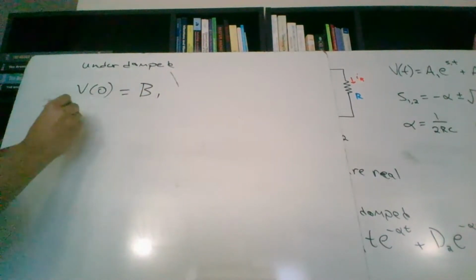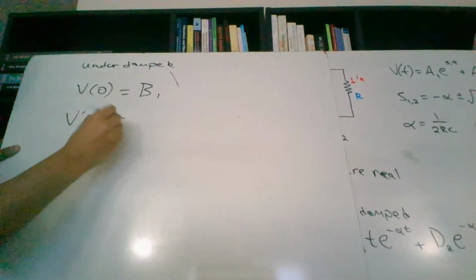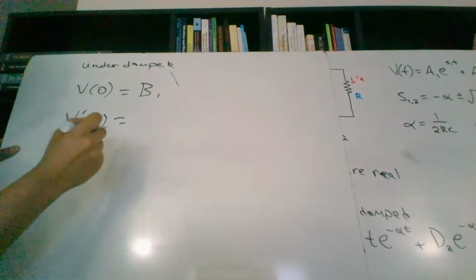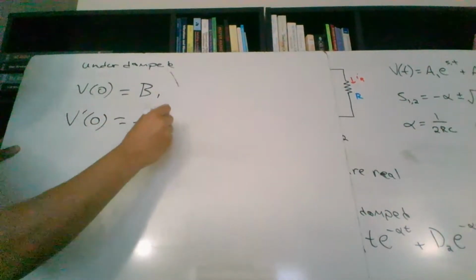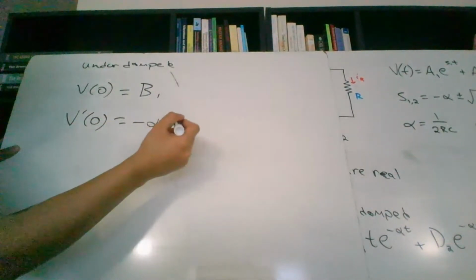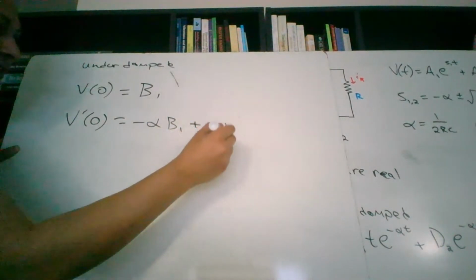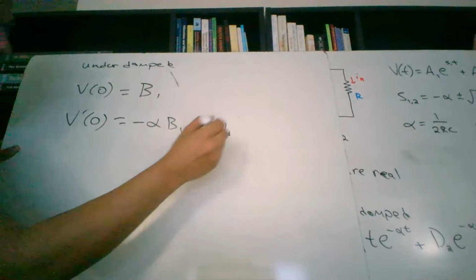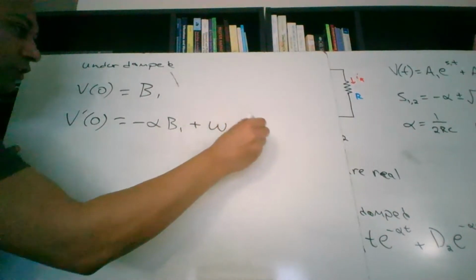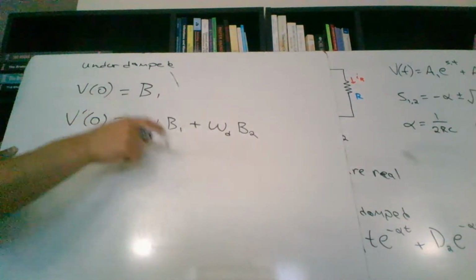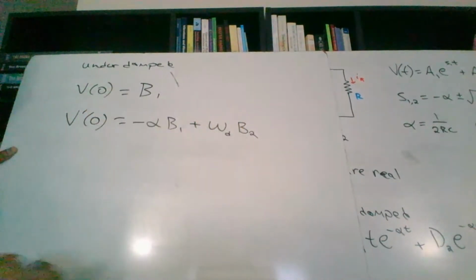And when we take the derivative and set it equal to 0, we will get negative alpha B1 plus the driving frequency times B2. So those are my solutions, or with the boundary conditions in there. And then you can solve for this, plug it into here, and then solve for B2, okay?